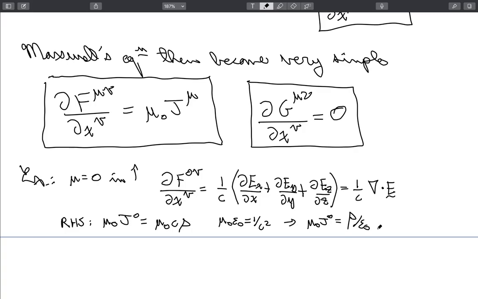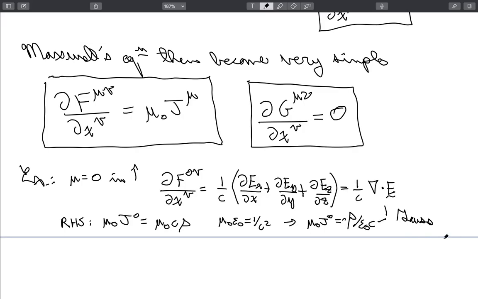And ta-da, sorry, there's an extra factor c, right? So I need to put a factor of c: μ0 c ρ, 1 over c squared. Yes, so the c goes. So then I've got left over 1 over c ε0 c, like this, right? So combining these two gives me Gauss.